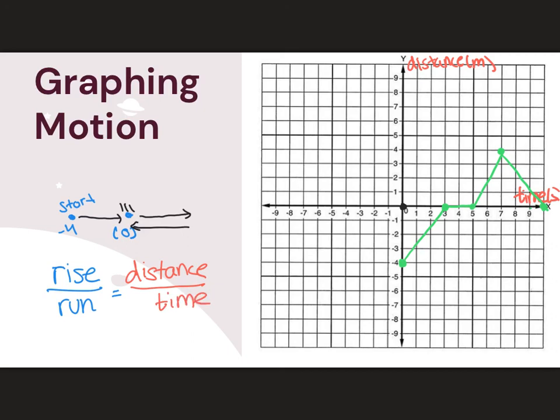Stop a minute and look back in your notes. What equation did I present to you that is also distance over time? Guess what? It's speed. Super cool. The slope of a distance versus time graph actually shows me my speed. One of the coolest parts of physics right here.